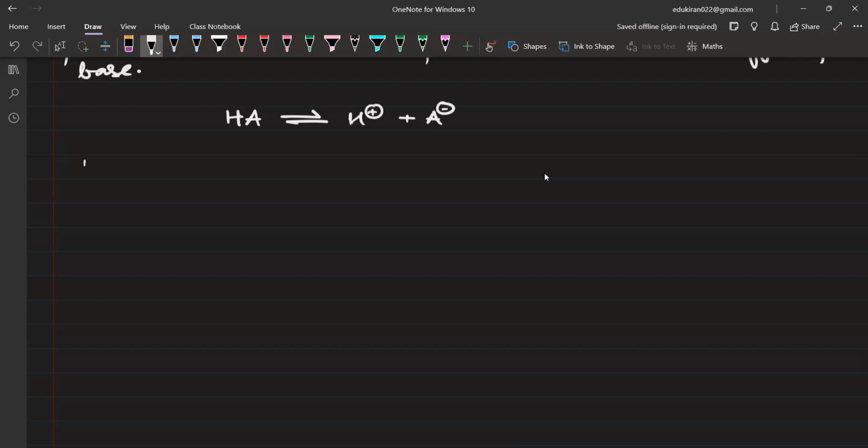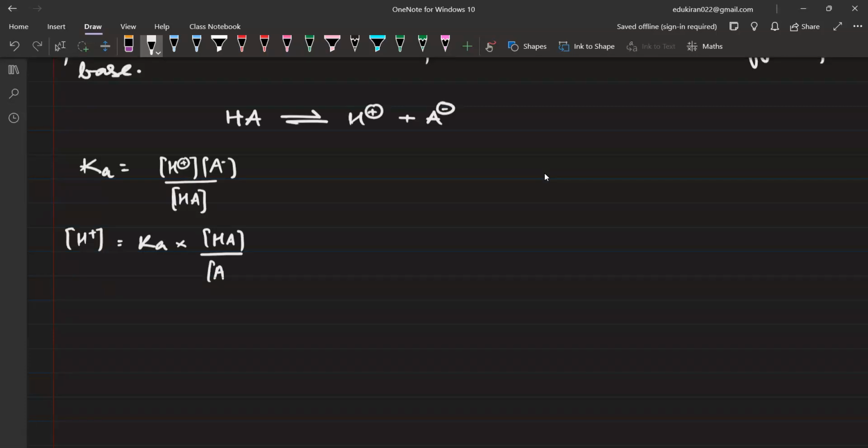Now, as the dissociation constant of acid is given by the concentration of H positive multiplied by A negative divided by the concentration of HA. Now, if I talk about the concentration of H positive, then it would become Ka multiplied by HA upon A negative.